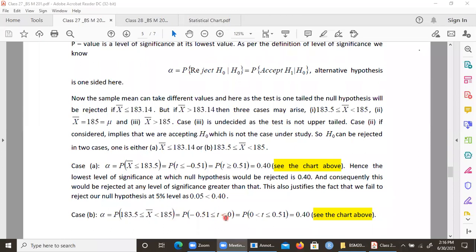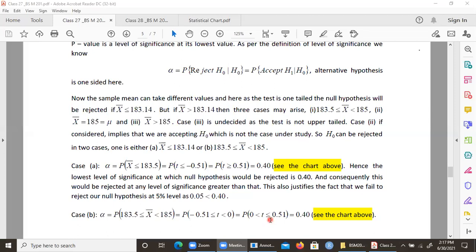So if I standardize the variable X bar, you are going to get this kind of probability. So T will fall between -0.51 and 0. And if I draw the normal curve once again, what will I find? I will find that this area is similar to this area. And from the chart above, if you draw the figure once again, you will see that this particular area is also approximately equal to 0.40.